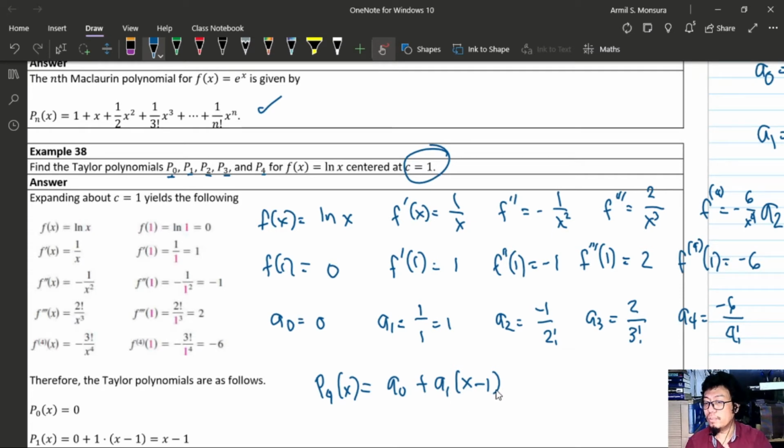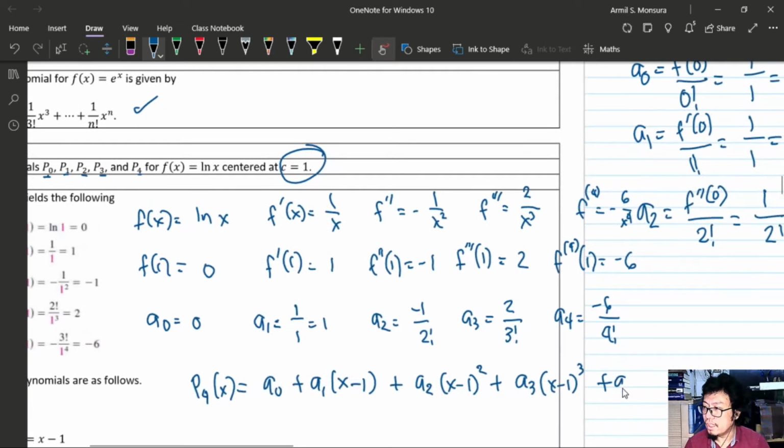Recall it from the definition of the Taylor polynomial. So, x minus 1 raised to 1, plus a2 times x minus 1 squared, plus a3 times x minus 1 cubed, plus a4 times x minus 1 raised to 4.